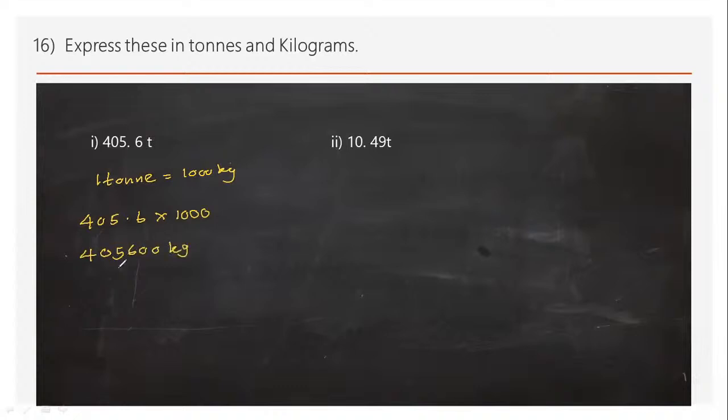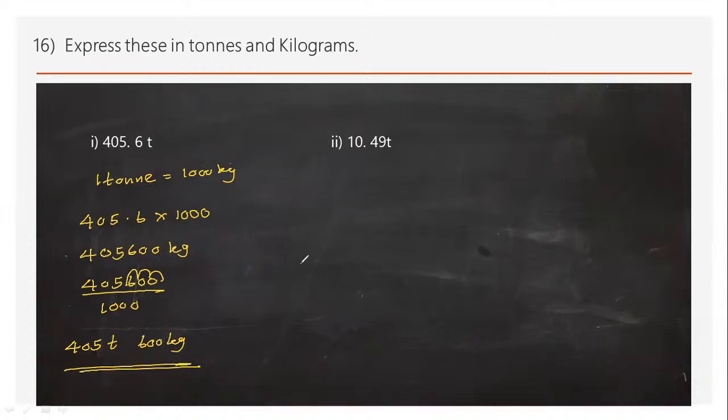Now converted to tons, divide by 1000, 3 decimal places back. So we can write 405 tons, 600 kilograms.